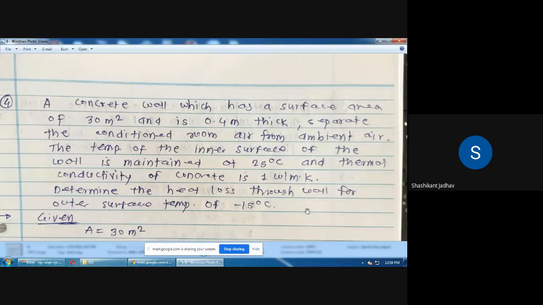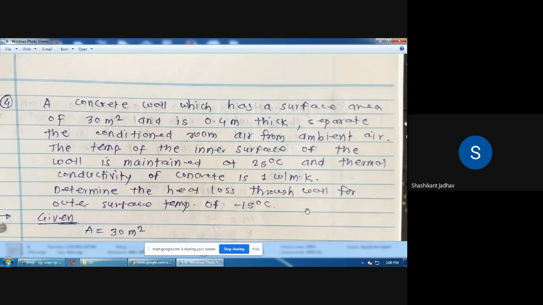Determine the heat loss through wall for outer surface temperature of minus 15 degrees Celsius.